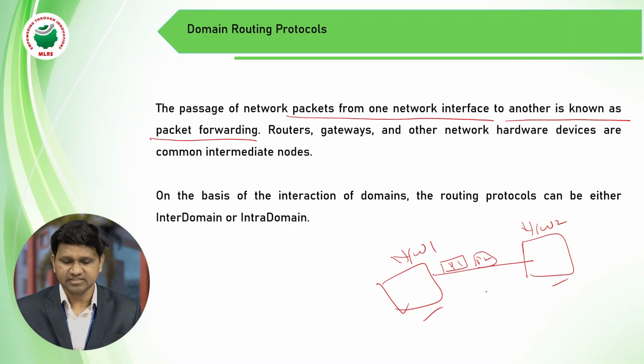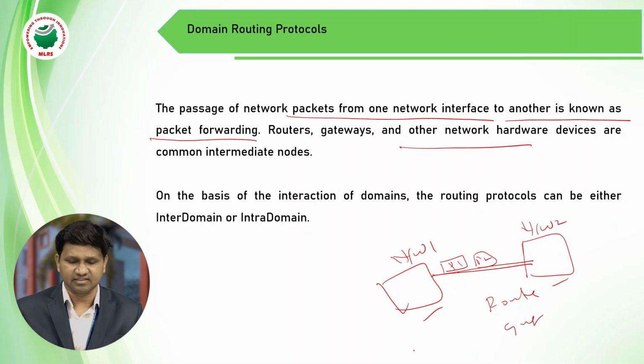This passage of network packets from one network interface to another is packet forwarding. There must be a medium, and routers, gateways and other network hardware devices are the common intermediate nodes that take care of it.